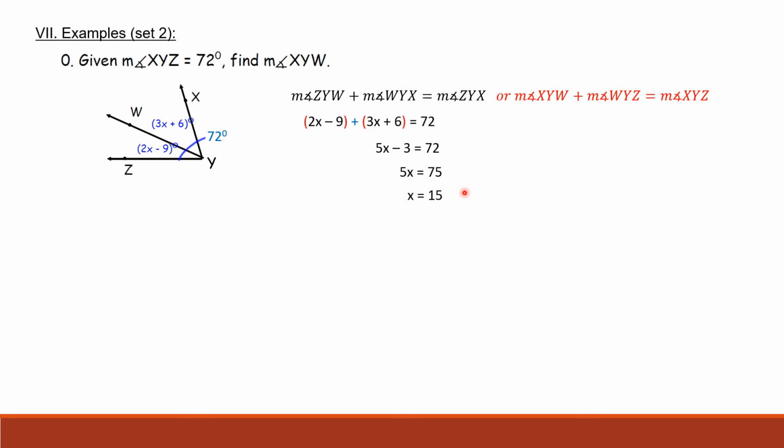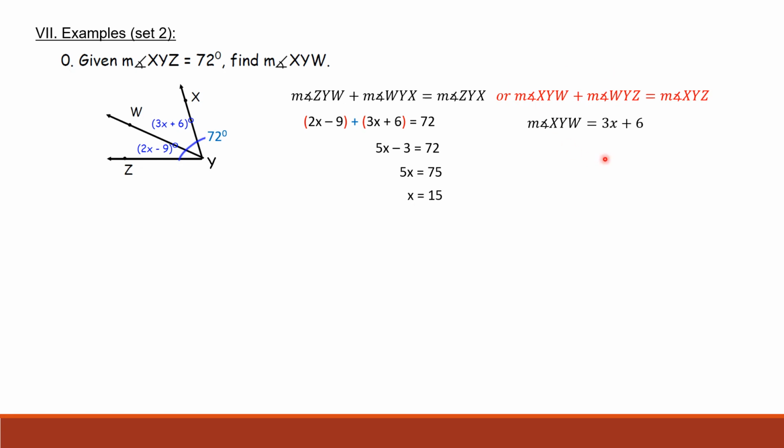Okay, so remember, we're not done. They want you to go back and find the measure of angle XYW. So you are required to write that down. The measure of angle XYW equals 3x plus 6. Because when you do your work in math, you are having a true conversation with somebody, so we don't want to leave out any sentences.